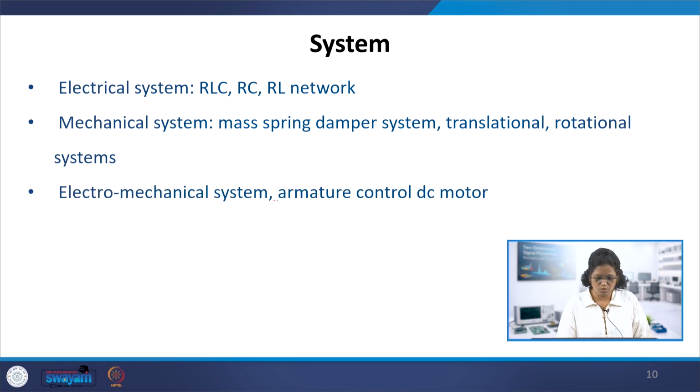Electromechanical systems, such as armature control DC motor and field control DC motor, can be mathematically modeled too. A liquid level system is another example. And we have different filters, and analog and digital systems, all of which can be combined. These are a few examples of systems.